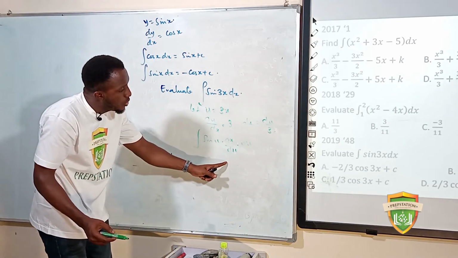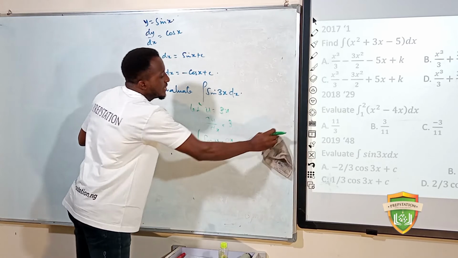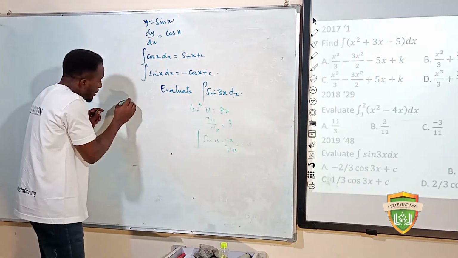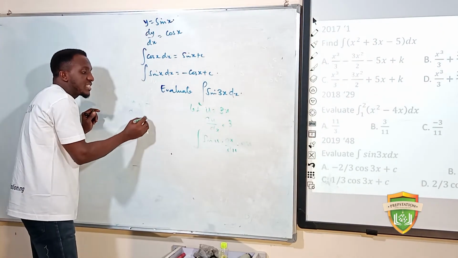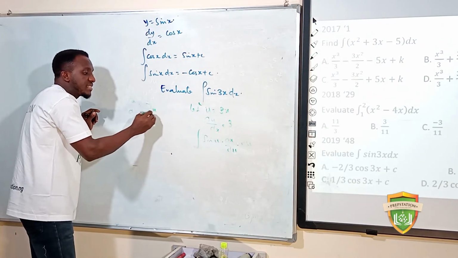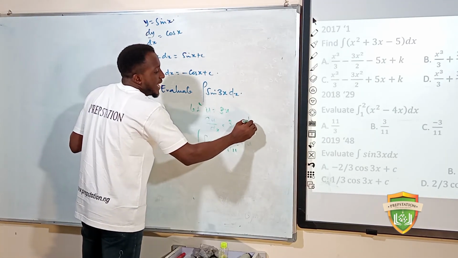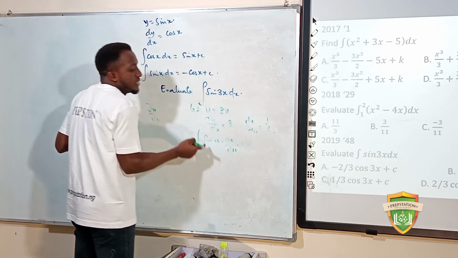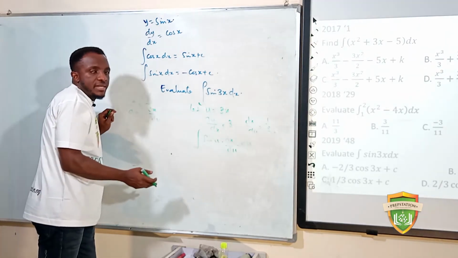But dx/du here would simply be the reciprocal of du/dx. du/dx is the reciprocal of dx/du. So what this means is that dx/du would be 1 over 3, since du/dx is 3. So we can apply that here.